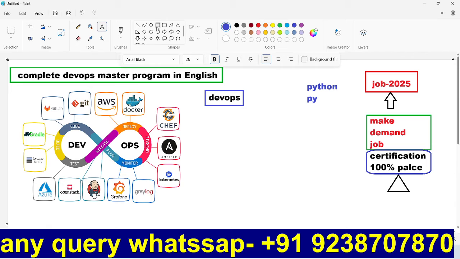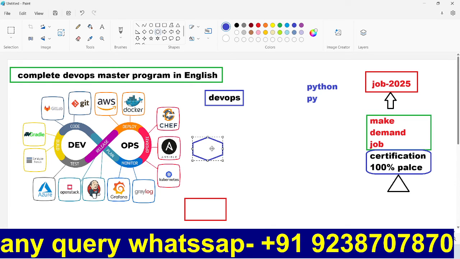So friends, see very carefully. DevOps is just development and operations. There are two teams. One is development, which is in high demand in companies. The developer writes the code. Nowadays companies use automation systems, so the developer writes the code and pushes it to a version control system like GitHub, CircleCI or Bitbucket.